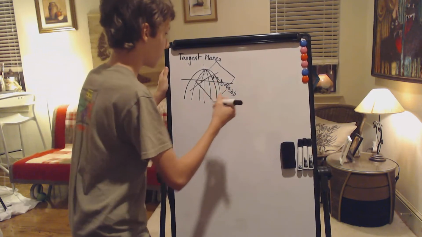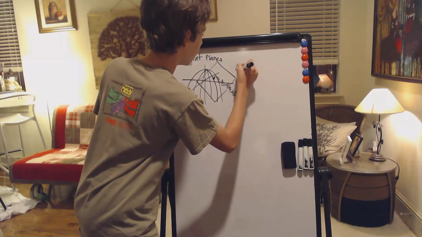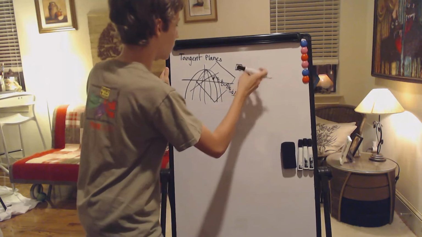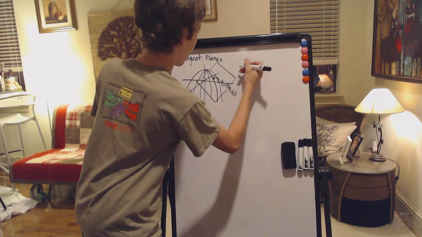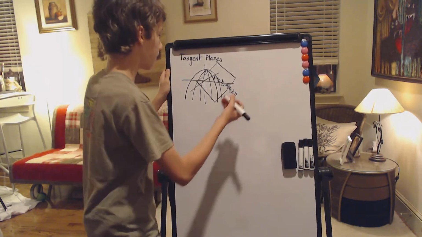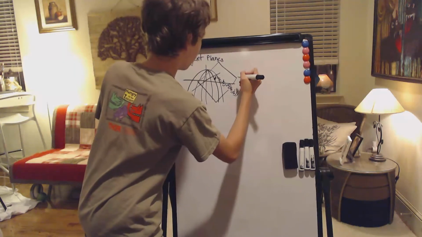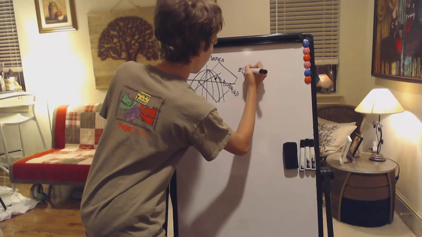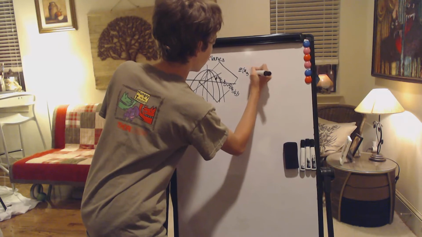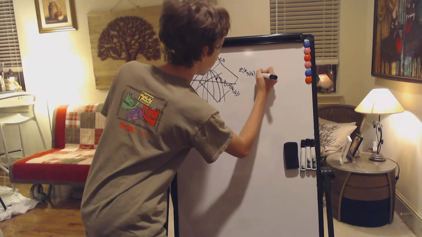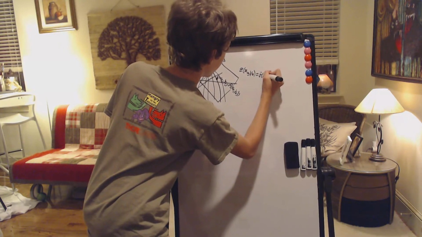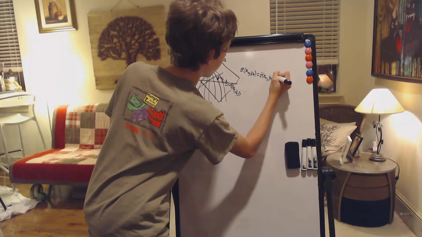So let's try to get an idea of this. Let's call our tangent plane z, right? So this is going to be our tangent plane. And what are the properties of z? Well, we need z of x naught, y naught to be equal to f of x naught, y naught, right?